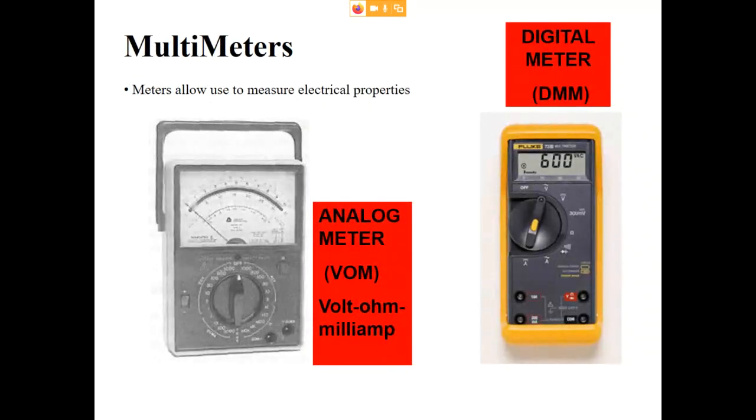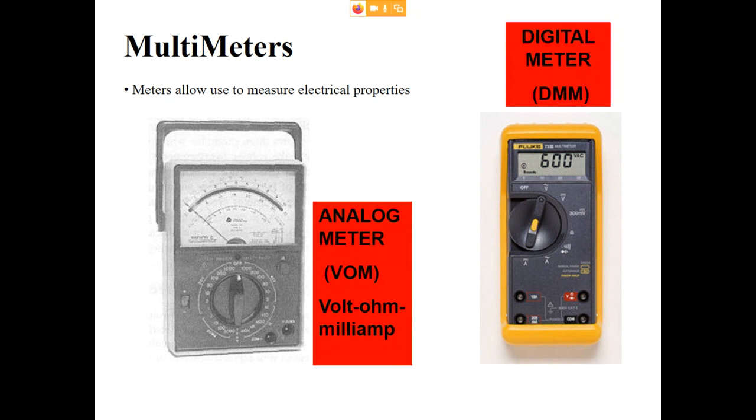All right, so to measure these electrical properties we've talked about, voltage, current, and resistance, we can get something called a multimeter, and that multimeter can measure all three of these. It can measure voltage, it can measure resistance, which they refer to as an ohm meter, and it can measure the current.